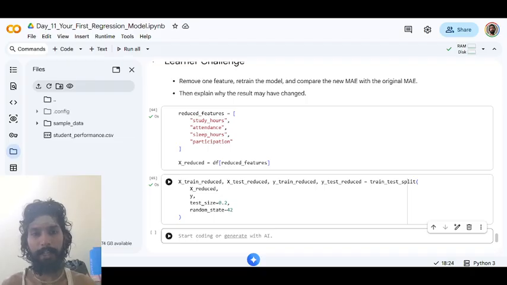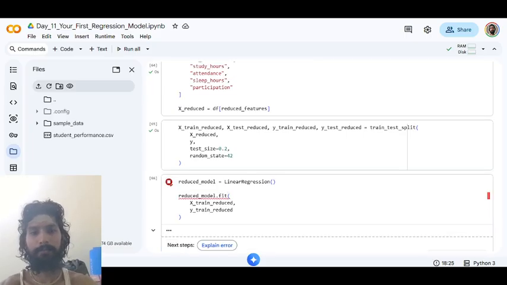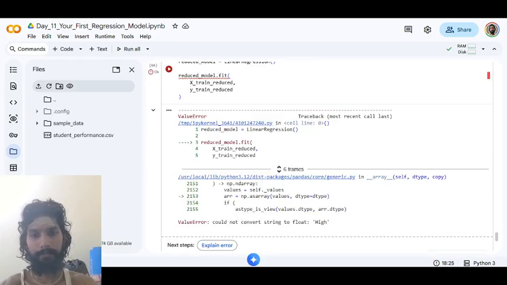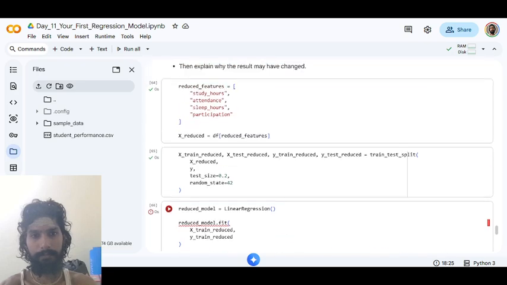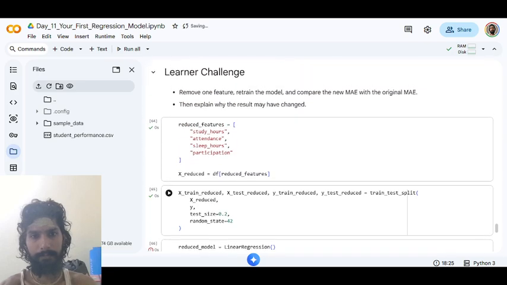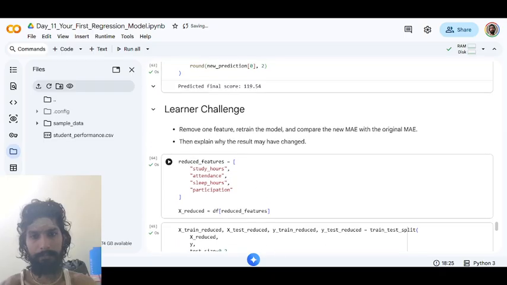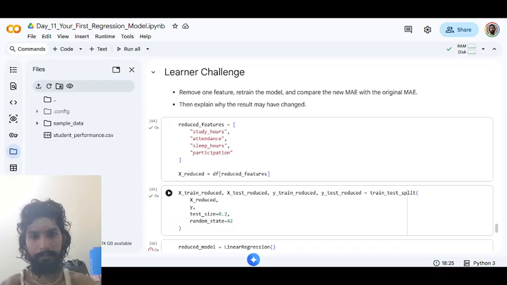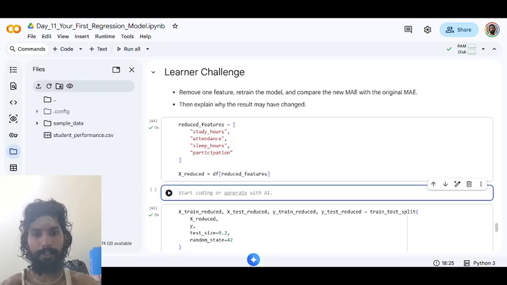We are using the same random state. This helps us compare the models using the same testing rules. Now train the reduced model. Actually, we need to see df. So let us remove the participation only.